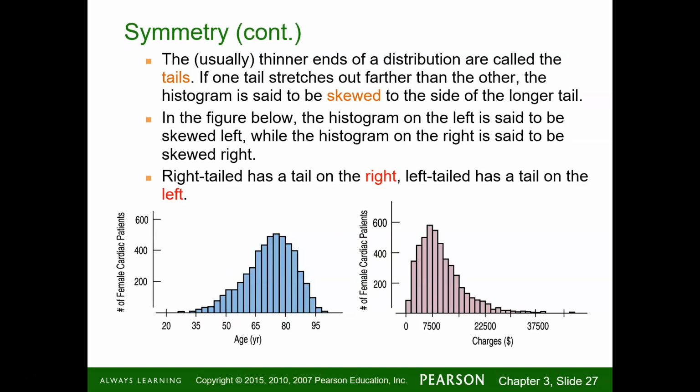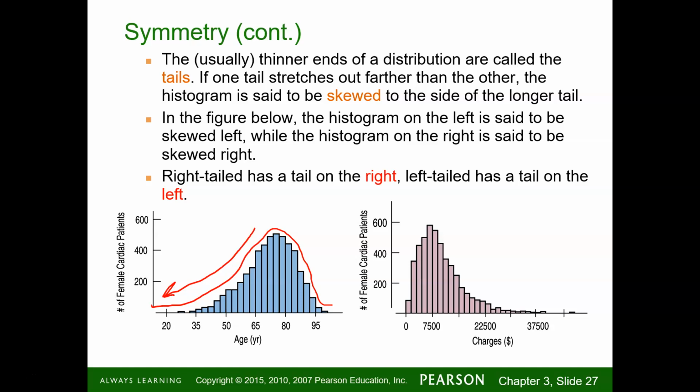Now, the thinner ends of a distribution are called tails. If it starts to tail off like this right here, the histogram is said to be skewed to the side of the longer tail. So let's take a look at this one on the left. See how that goes down like that, and it has this long tail going this way?